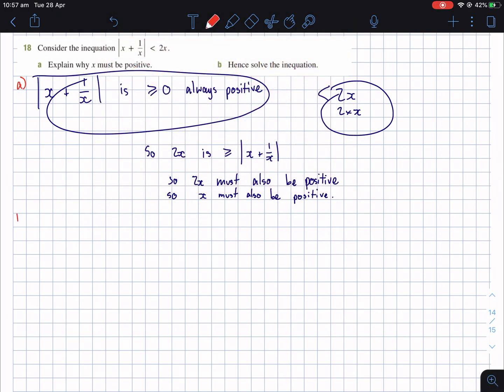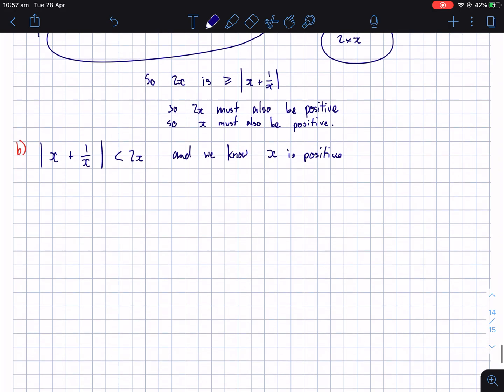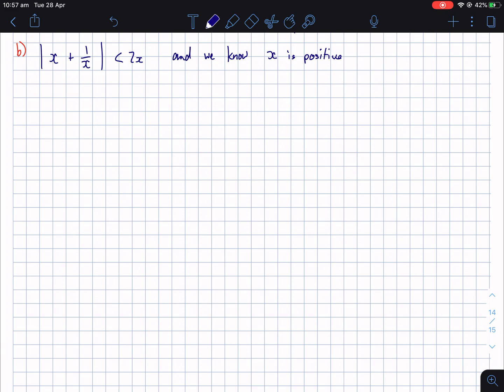Okay, so then we come to solve question B, knowing that x is positive. When we have the absolute value of x plus 1 on x is less than 2x, and we know x is positive, we don't need the absolute value signs because we know it's always going to be positive anyway.